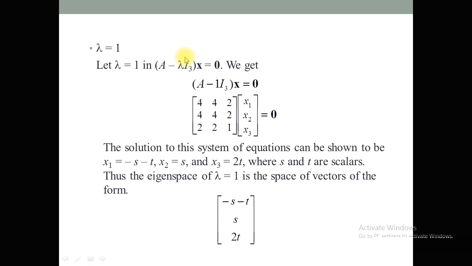Then subtract the matrix from the matrix A, you obtain the final matrix, and multiply the matrix with the matrix X, you will obtain a homogeneous system. And then taking the augmented matrix and converting it into row reduced echelon form, you can find the solution x1, x2 and x3, and this is actually the eigenvector corresponding to the eigenvalue.